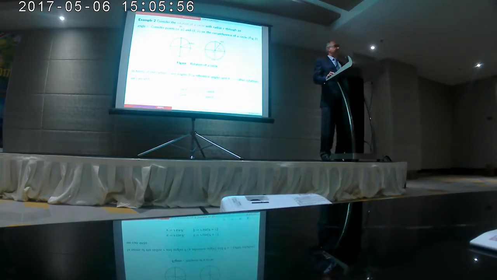Another example is the rotation of a circle with radius r through an angle epsilon. We consider 2 points x, y and x bar, y bar on the circumference of a circle. In terms of the radius and angles theta and theta plus epsilon, we can write x equal to r cos theta, y equal to r sin theta, and similarly x bar is equal to r cos of theta plus epsilon, and y bar is equal to r sin of theta plus epsilon.